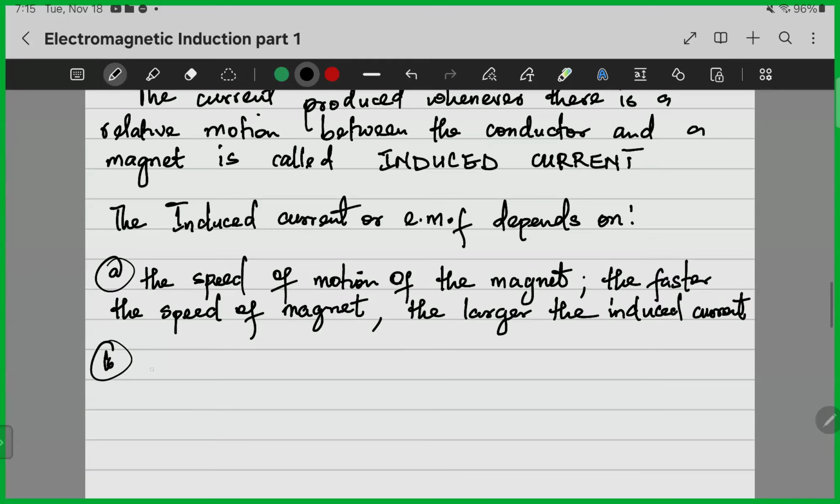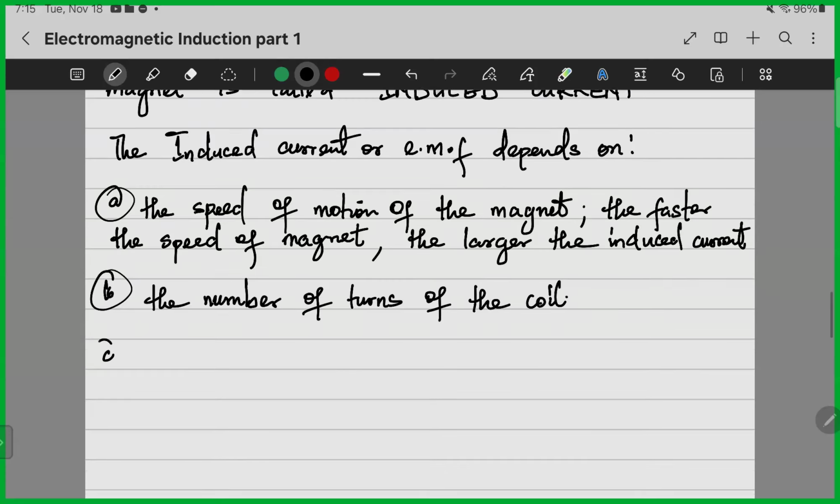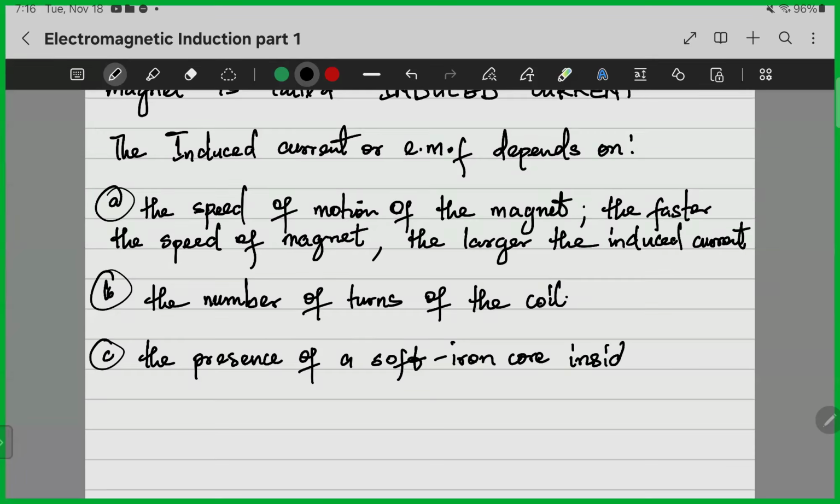The second part is that it also depends on the number of turns of the coil. It also depends on the presence of a soft iron core inside the coil.